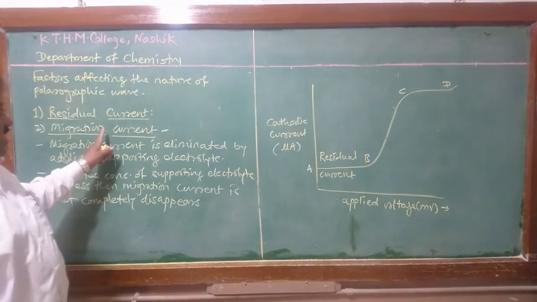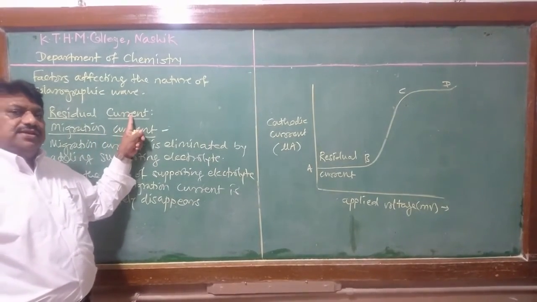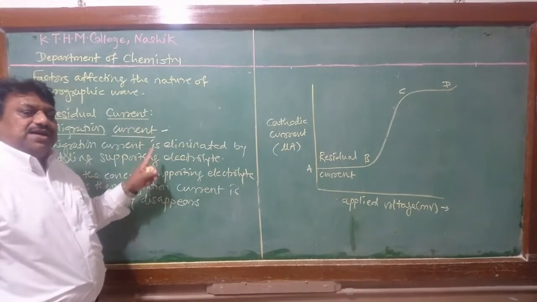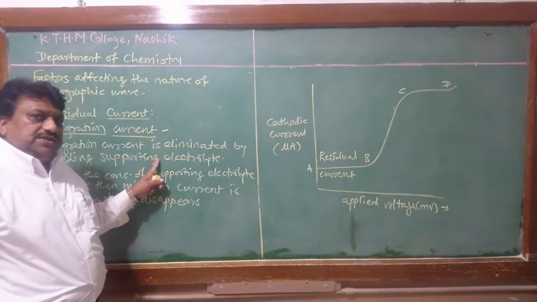Therefore, migration current as well as residual current are both determined by the concentration of supporting electrolyte.